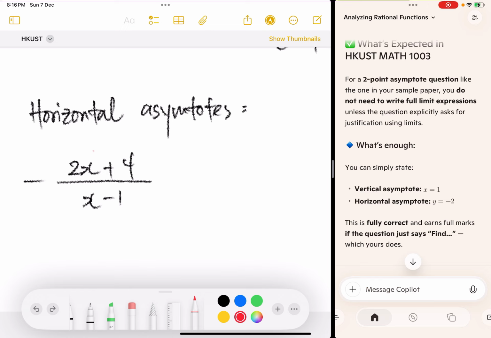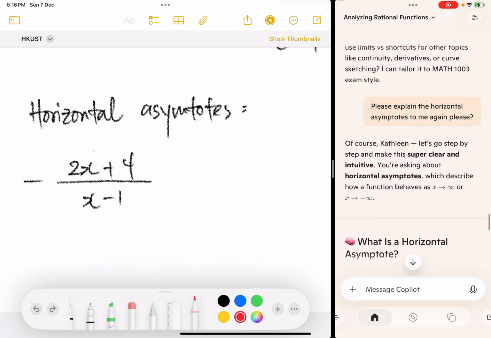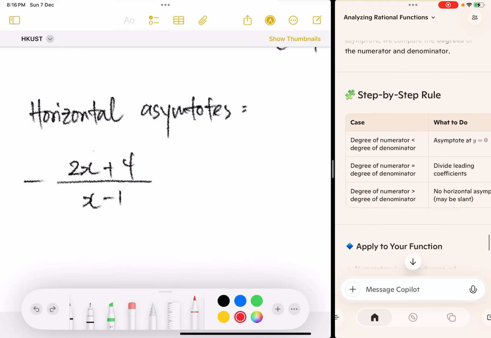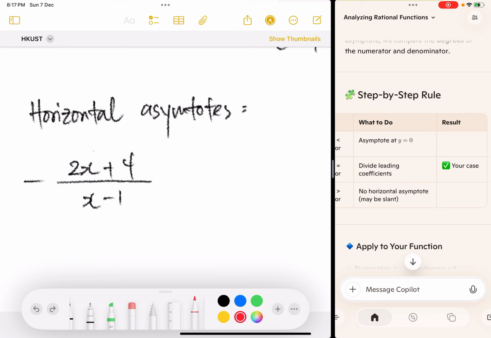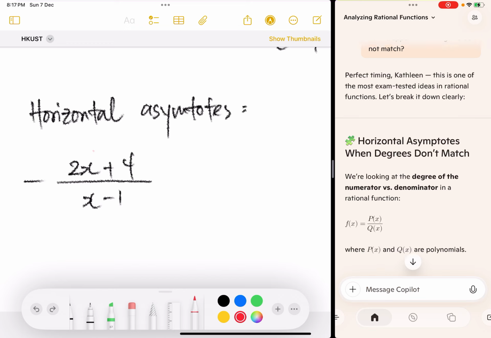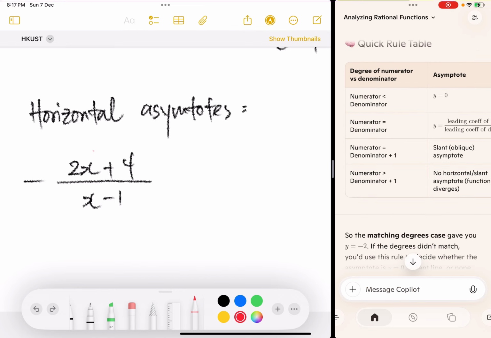Because the degree in the numerator and the degree in the denominator match, we can look at the Copilot side and use this right here.